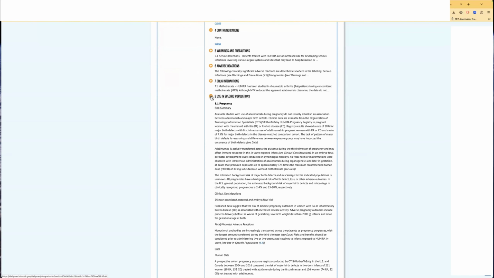Then we have the use in specific or special populations. It's important that we have information related to the use of any drug in special populations. However, it's not ethical or acceptable to test any new drug on the pregnant population, for example.